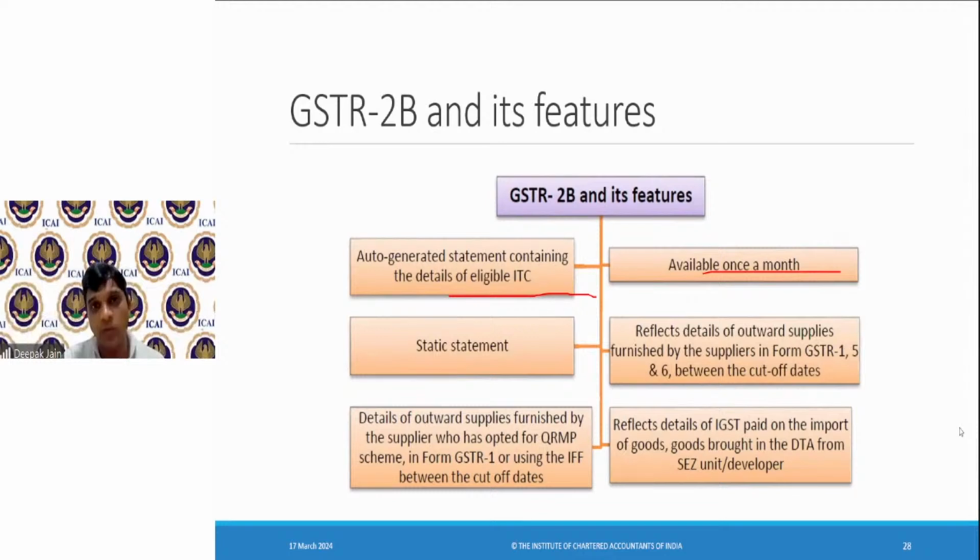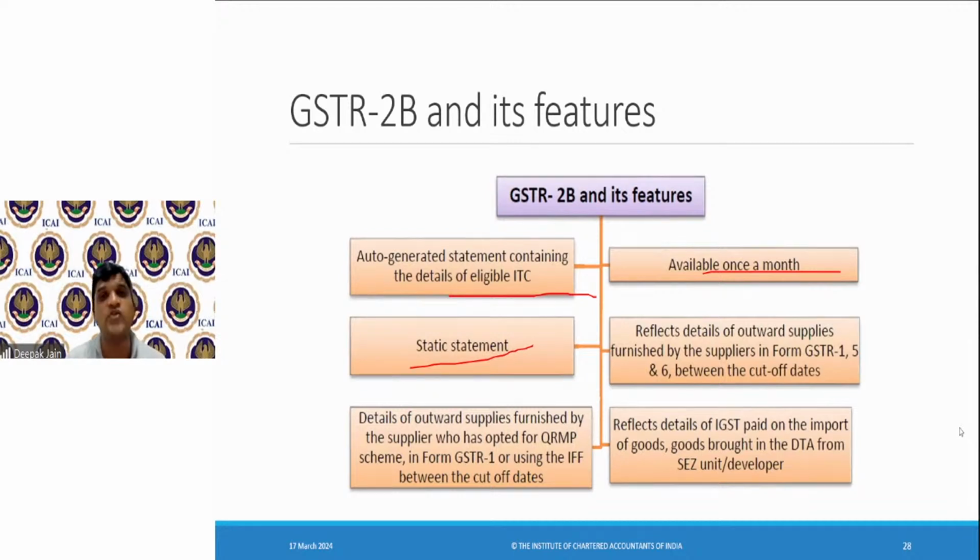Since there were a lot of problems with GSTR-2A, that's when GSTR-2B was developed. GSTR-2B is available once a month, so that even if you download today, tomorrow, or on the third day, GSTR-2B will be fixed. It collates the data for the month and gives it to you. It is a static statement, not a dynamic statement.